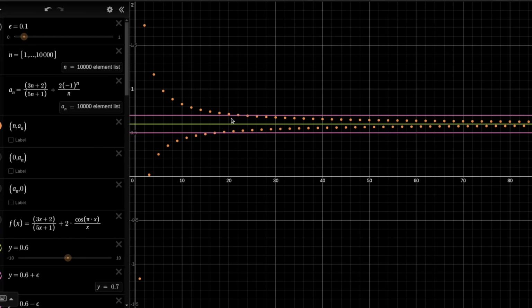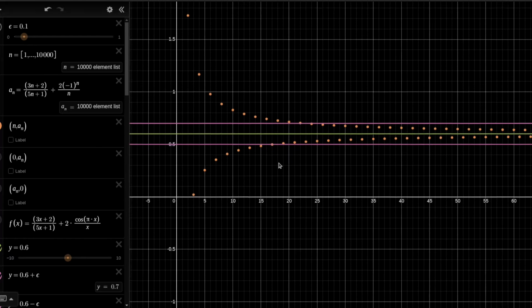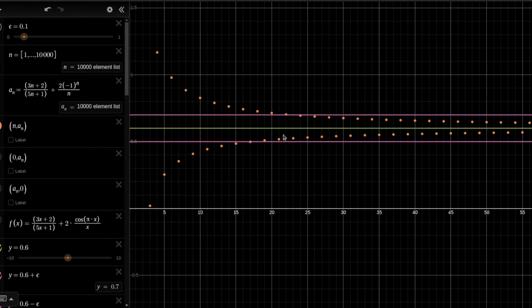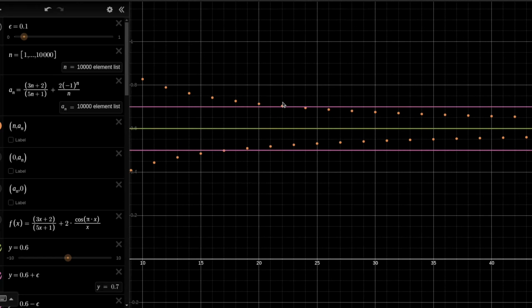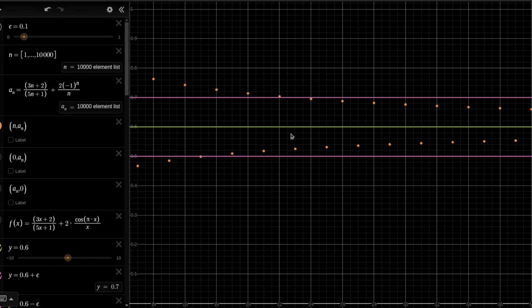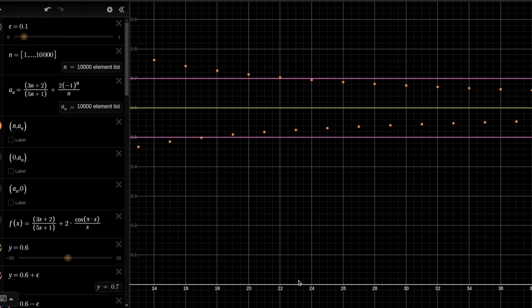Basically, we need to treat this like an inequality that we can solve, but there exists a place here, starting from element 21, as you can see here, the distance from 21 or maybe a bit farther, this is above the line. So let's say, to be on the safe side, at least this is what we visually see, we'll later prove it rigorously, how to find this place as a function of epsilon.